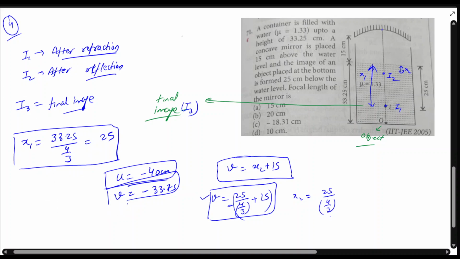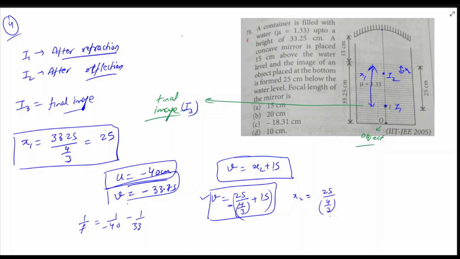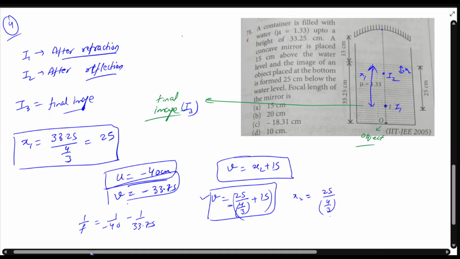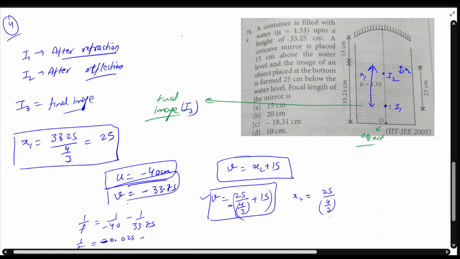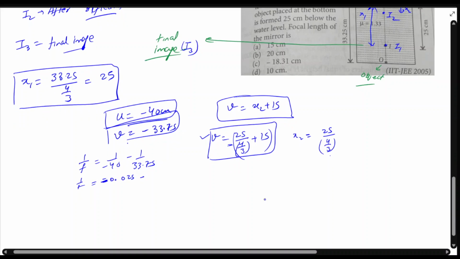Okay, so let's find f. 1 by f will be equal to minus 1 by 40 minus 1 by 33.75. If I use the calculator really fast, 1 by 40 will be 0.025, and this will be minus, of course.